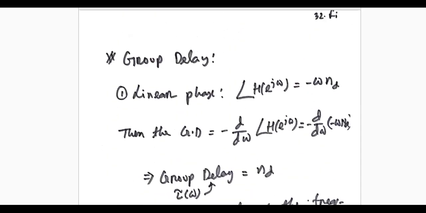So first of all, what is the group delay? First of all, I'd like to introduce it with some equation, and afterwards we can find the exact value.